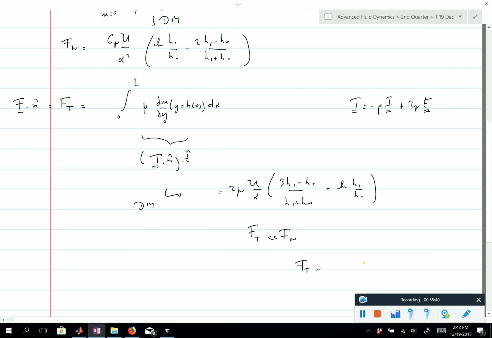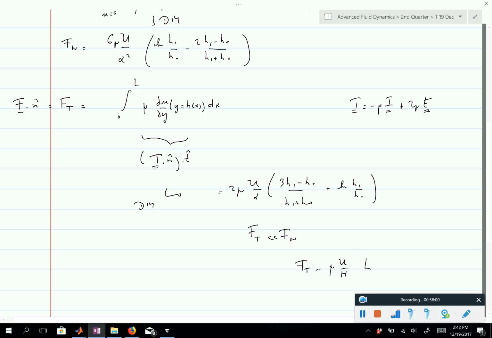You're integrating over a length scale L, over the entire length of this little pad here, a shear stress. What is the scaling for the shear stress? Mu times U divided by H. This is the scaling for your shear stress.